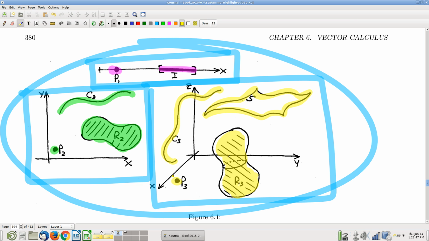Likewise, on curves, vector line integrals. On 2-dimensional regions, plain old good old double integrals. On intervals, good old Calc 1 single variable integrals.